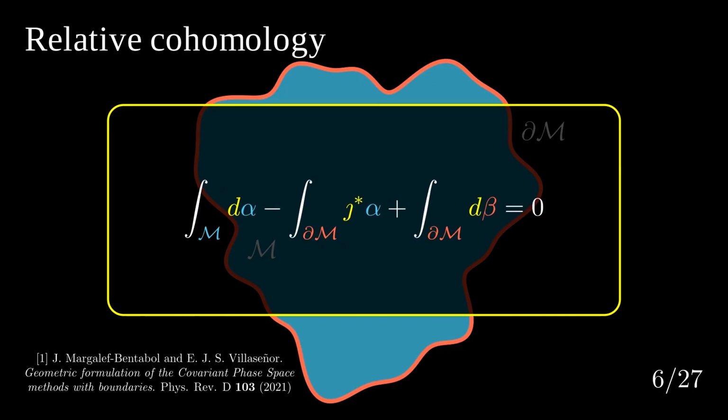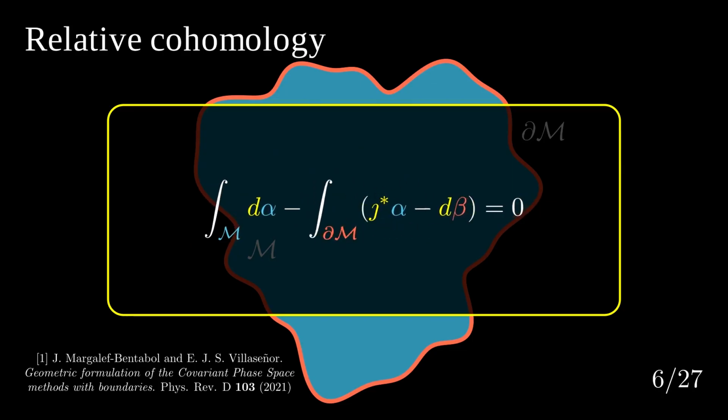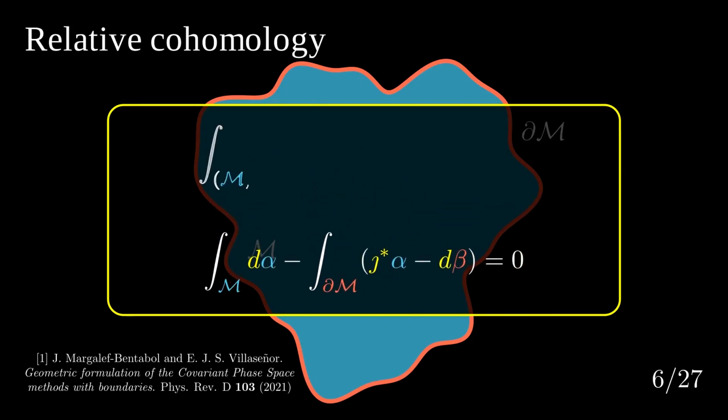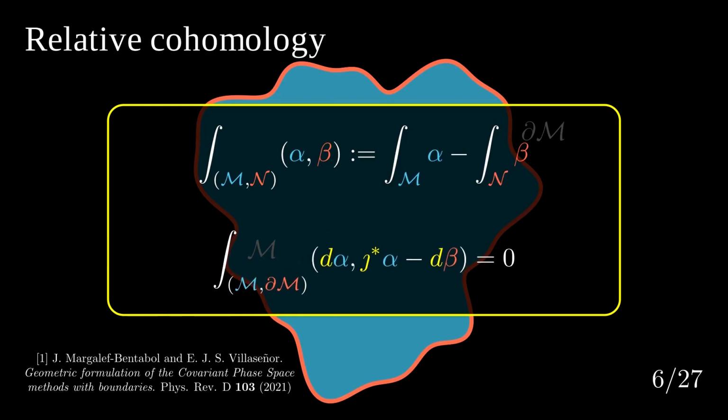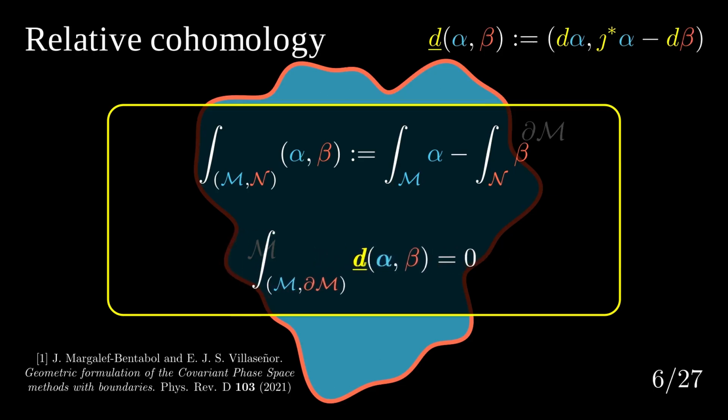We can reorder these integrals written in this way, and let me introduce a notation in which the integral of pairs of forms over pairs of spaces is just going to be the difference. With this notation, we can rewrite the Stokes theorem this way, and finally a second notation, the exterior derivative of pairs of forms is going to be this expression, so that it's the same expression we have in the integral, and we just simplify this way.